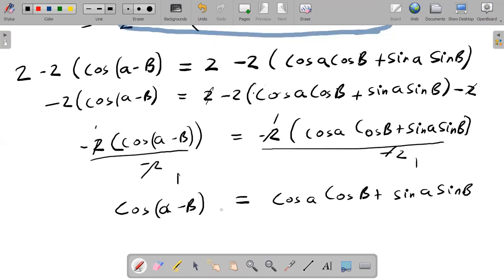So there is our equation for cos alpha minus beta, which means our identity for cos alpha minus beta is this. This identity is good to know because it is the one that also derives the other three compound identities that remain, right? So this is it, guys.